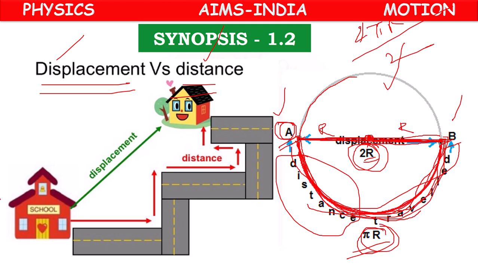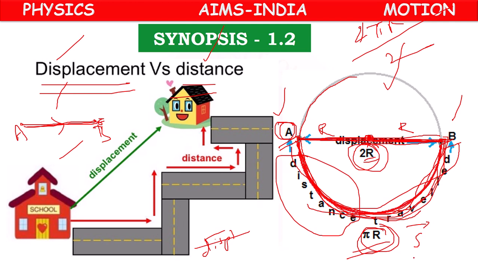Whereas, suppose a person from point A goes in a straight line and comes up to point B. As he is going in a straight line, in this case, distance is also AB, displacement is also AB. As displacement is a vector, we can represent it by S bar.